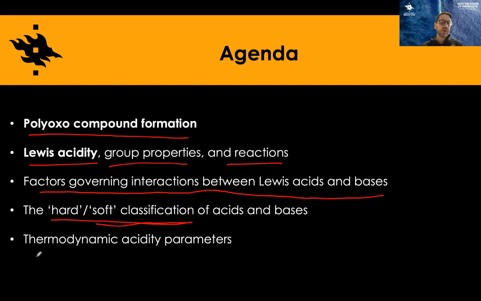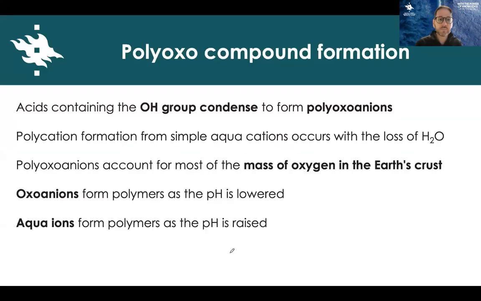And then we will finish by including in this theory a more quantitative approach, in which we will mention thermodynamic acidity parameters to discuss acidity and basicity in terms of ionic and covalent interactions between the acids and bases.